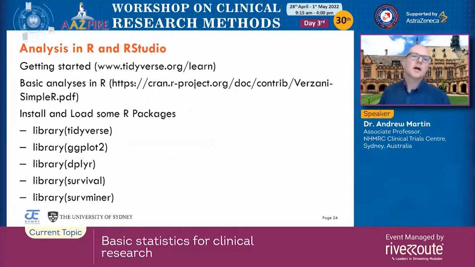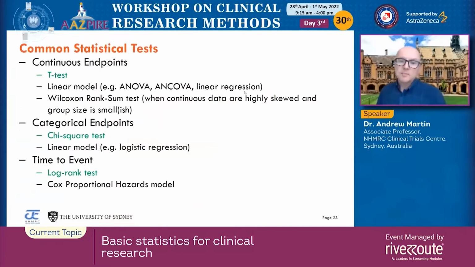Let's go on and apply these hypothesis testing ideas to some analyses now. And we're going to look at an analysis of a continuous endpoint using a t-test, an analysis of a binary endpoint using a chi-squared test, and an analysis of a time to event endpoint using a log rank test.